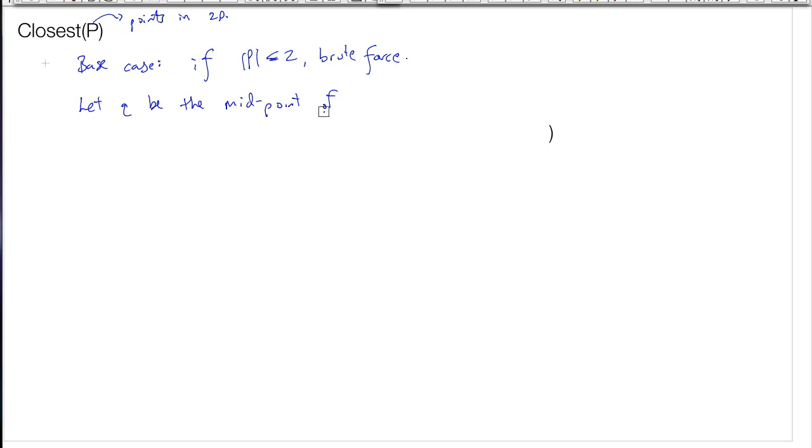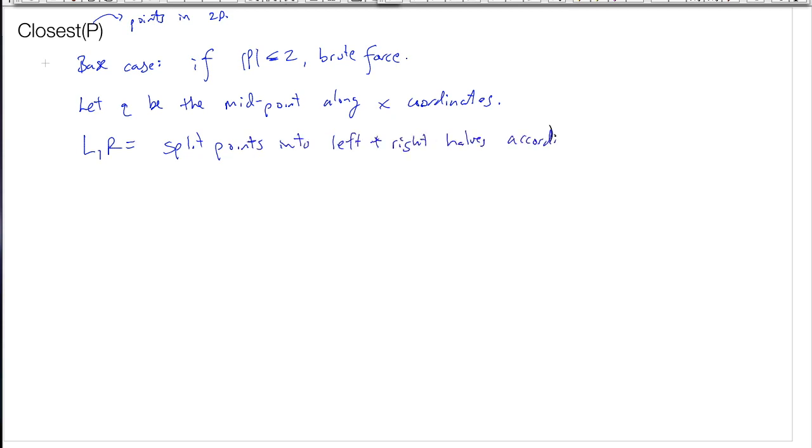So the closest pair of points, and this is going to be all our input points. Base case: if the size of P is less than 2, let's say, do brute force. Otherwise, first 3 steps.